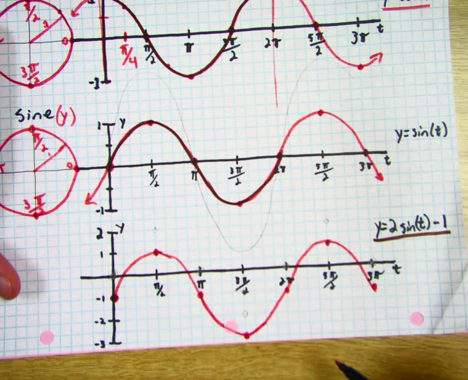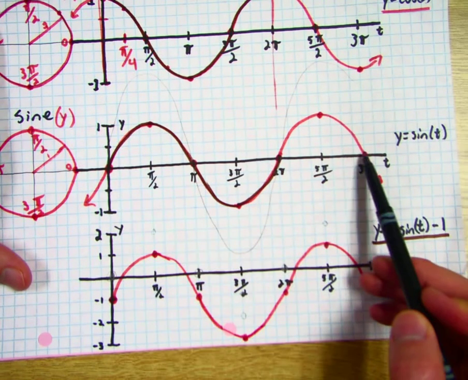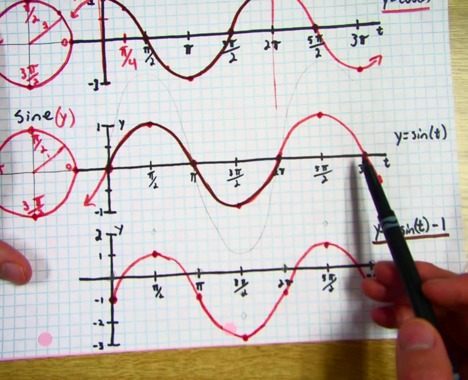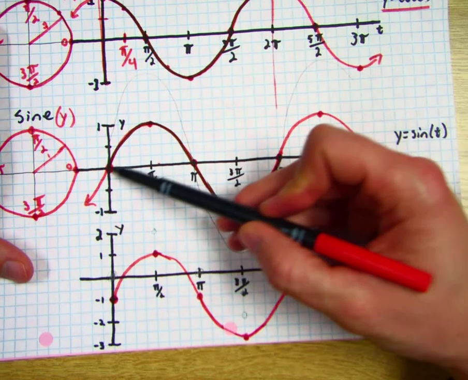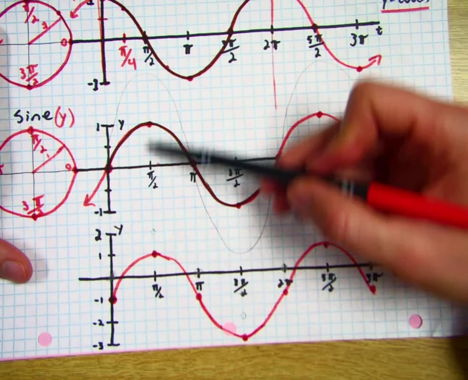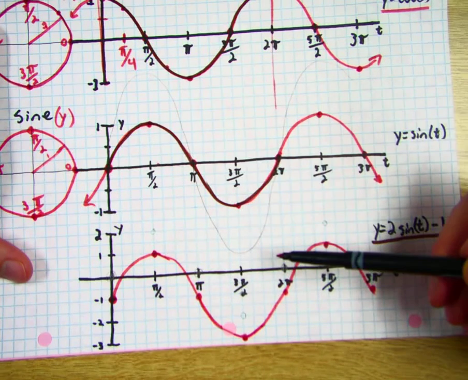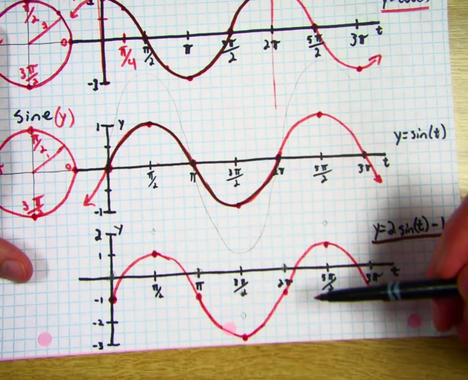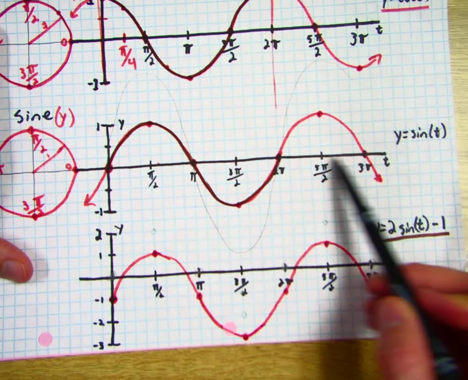Remember amplitude and midline? All right, if you look at this, let's go back to the original graph of sine. It's the amplitude. The amplitude is 1. It goes from the midline. The amplitude goes up 1 or down 1 to get to the highest or lowest point. So the amplitude for that is 1. What's the midline? Well, the midline is 0.